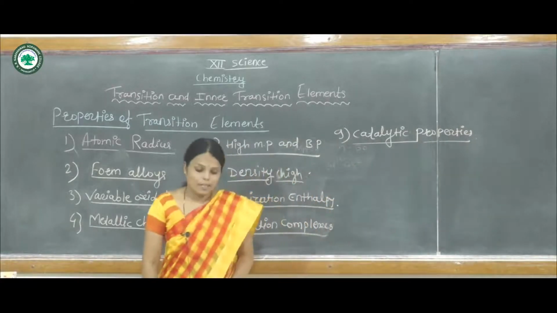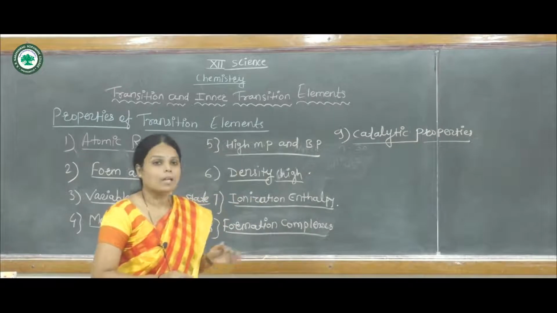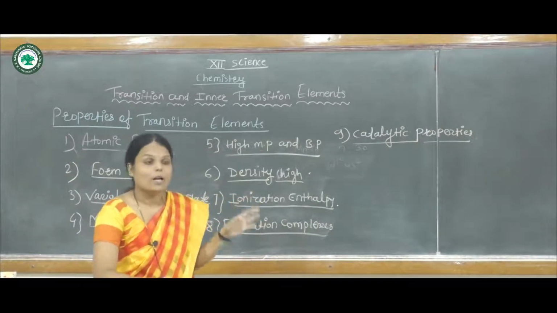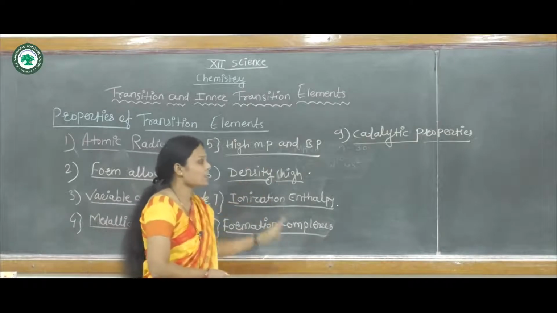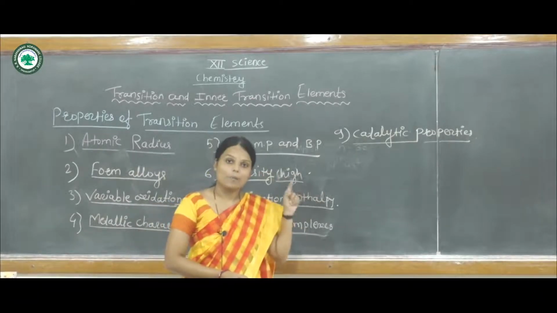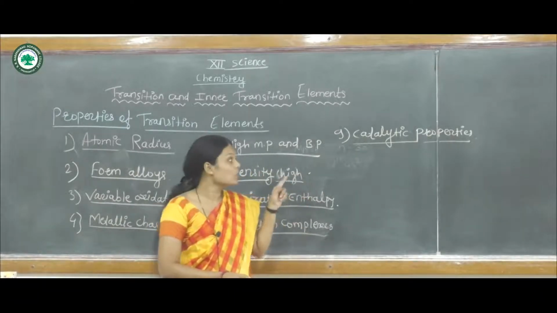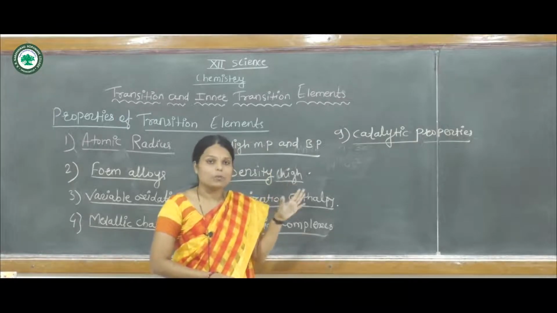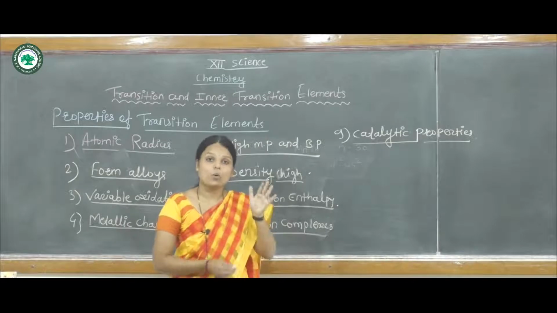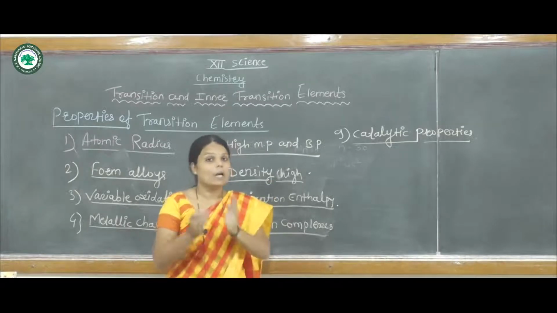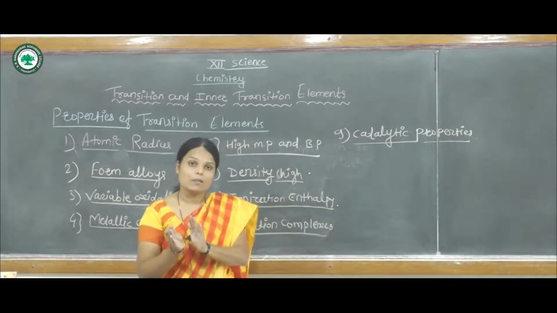Among the transition elements, a number of them can form catalysts. In the hydrogenation reaction, nickel and platinum are good catalysts. They have good catalytic properties because both homogeneous and heterogeneous catalysts are formed.